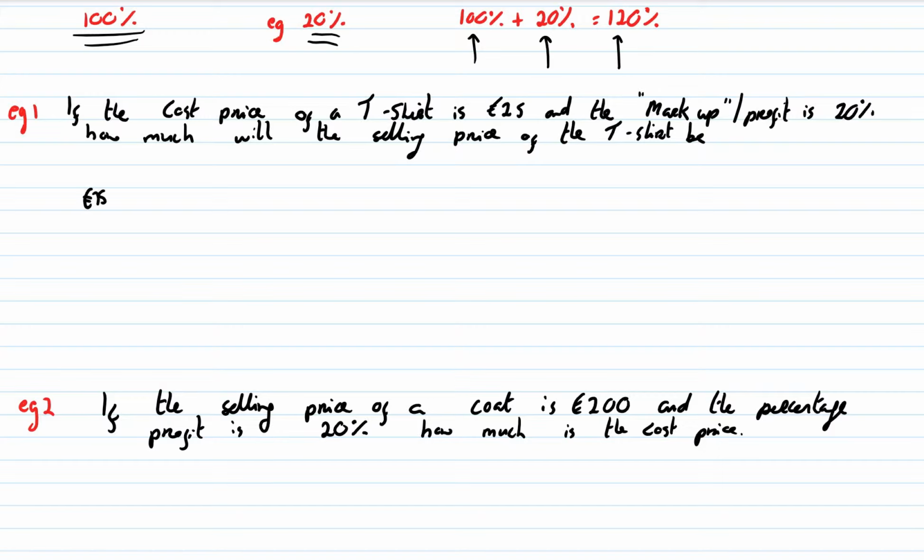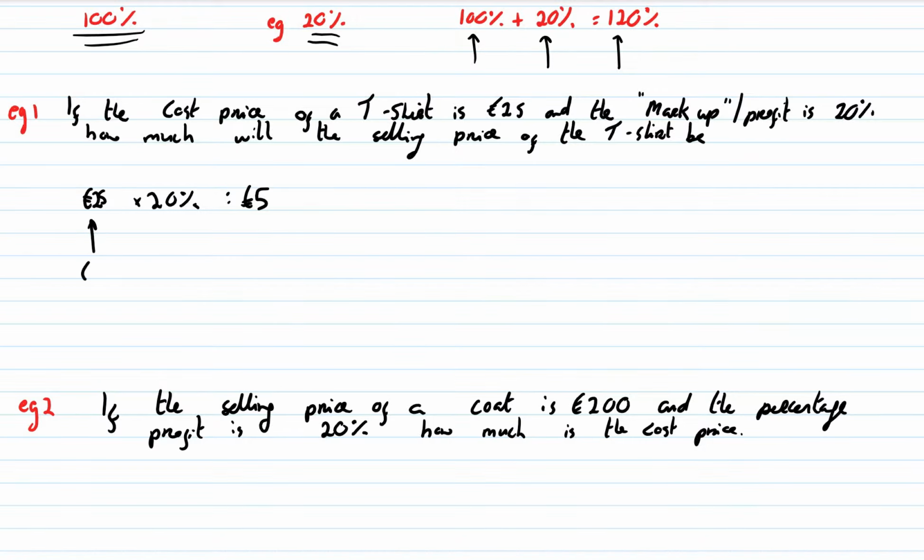So if we look here, if the cost price of a t-shirt is 25 euros, and the markup, sometimes the profit will be called markup, is 20%, how much will the selling price of the t-shirt be? Well, all we'll do is multiply the cost price by 20% to see what our profit is. So we have 25 multiplied by 20%, and that would give us 5 euros.